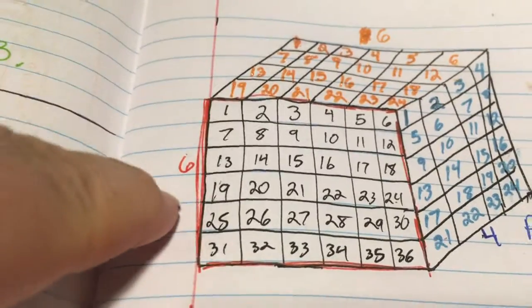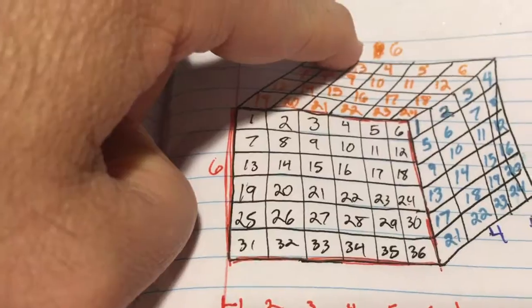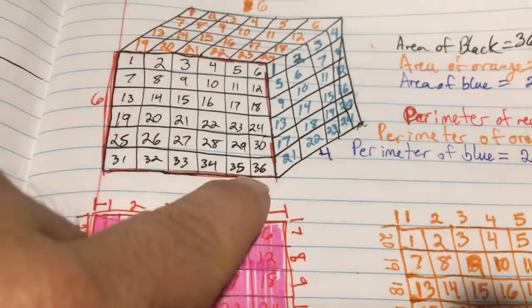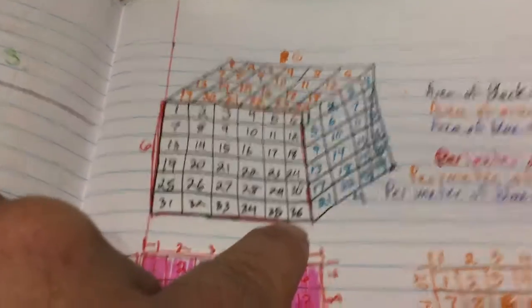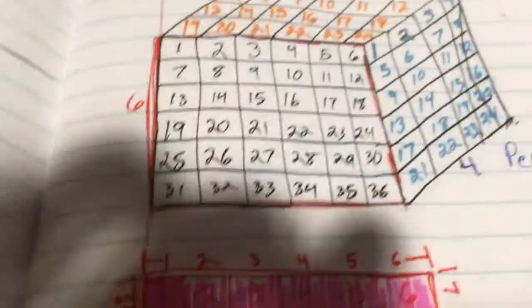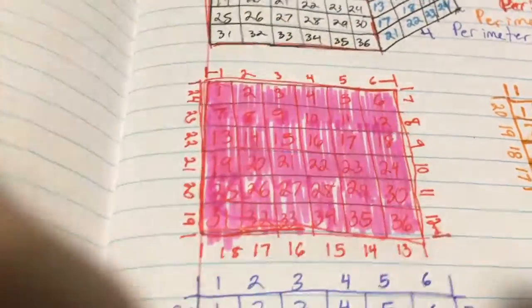And simply say, oh, if I have groups of 6, and I have 6 of them, hey, that's multiplication. So I'm going to just say 6 times 6 is 36. So area is always calculated with multiplication for this reason. Perimeter is always calculated with addition for this reason.